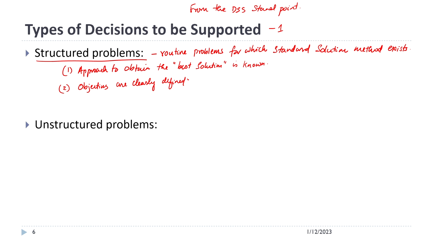So, let us say, for example, you have 4 jobs. We call them J1, J2, J3, J4, and you have one machine. Each job has its processing time and due date, or promised delivery date.